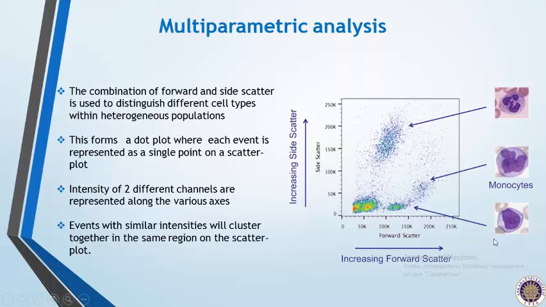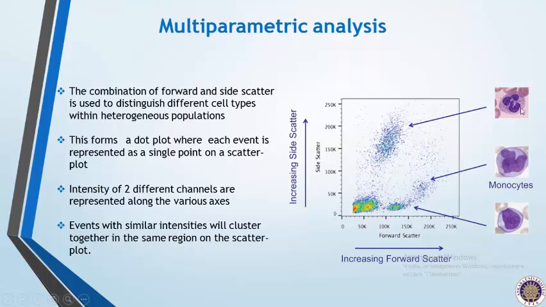And we know that, for example, this type of cell is smaller in size and has less granularity. For this reason, we can say that they are forming a cluster on a graph which is located both lower and to the left of the cluster formed by the monocytes.